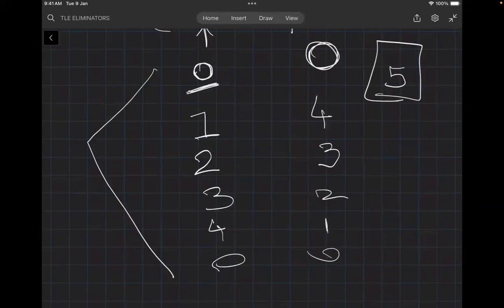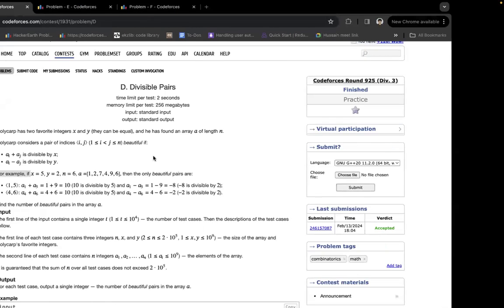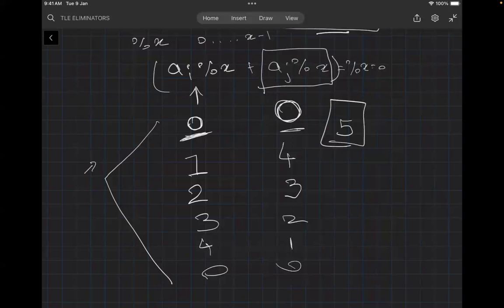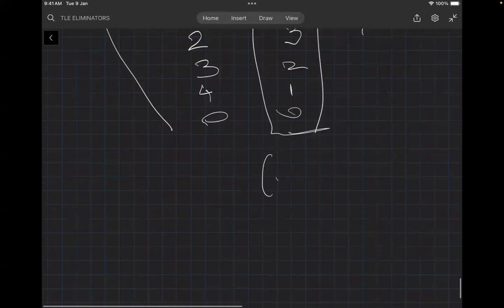Tell me. Is this much clear? So if AI mod X is 0, AJ mod X has to be 0. If AI mod X is 1, AJ mod X has to be 4. If AI mod X is 2, AJ mod X has to be 3. Exactly, it is x minus AI mod x, the whole mod x.